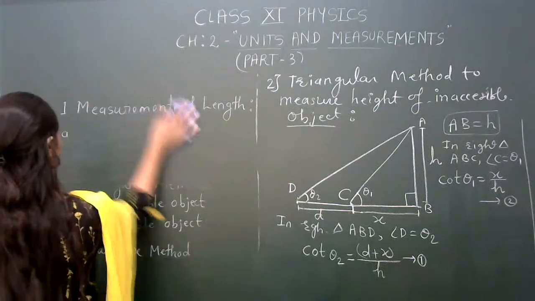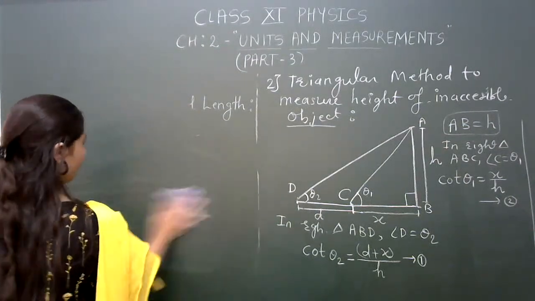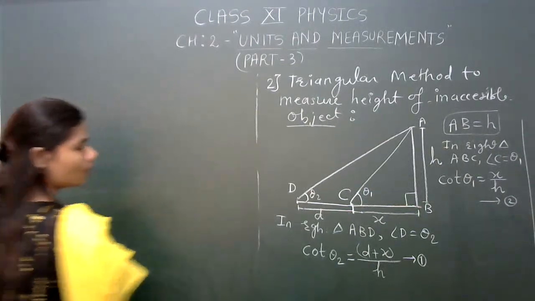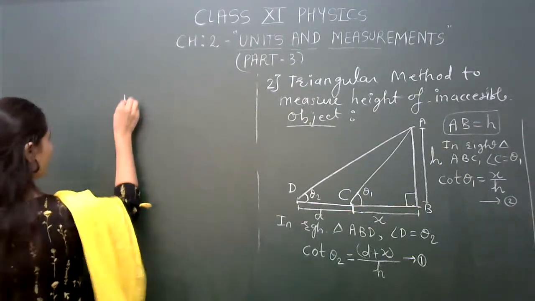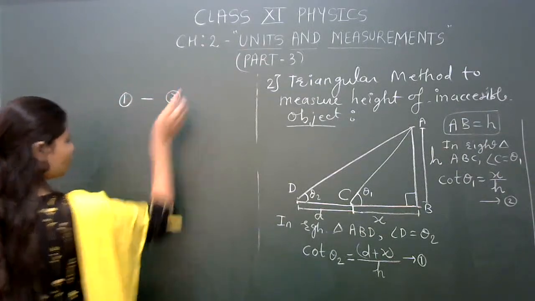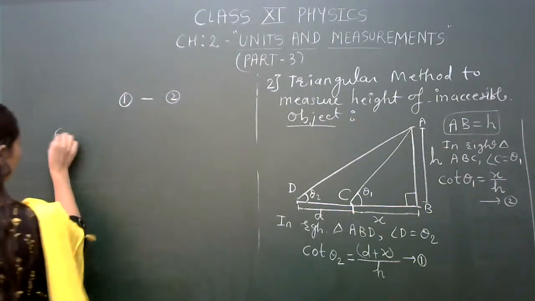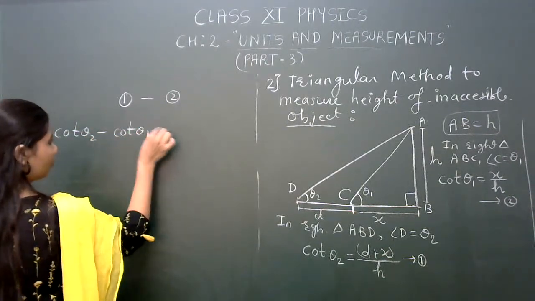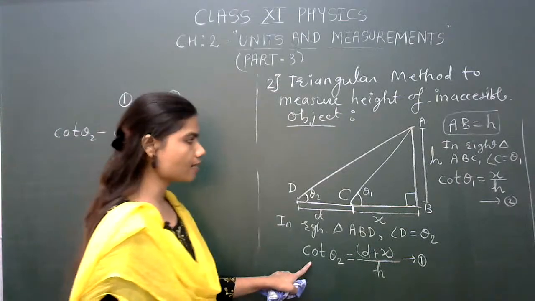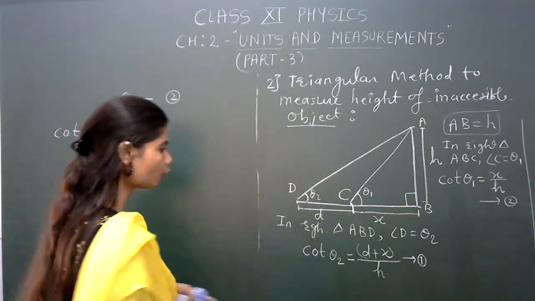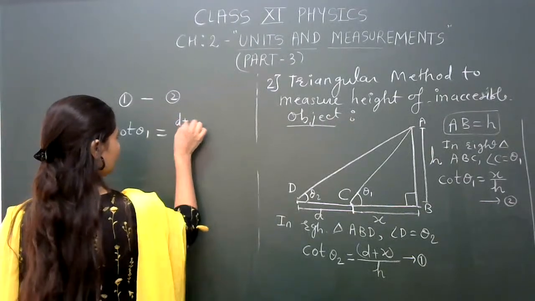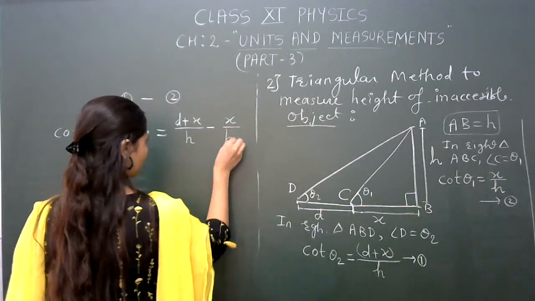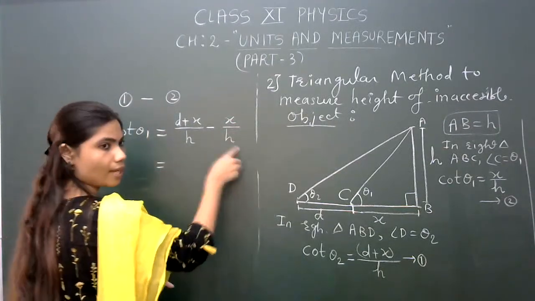Now we will subtract equation 2 from equation 1. If equation 2 is subtracted from equation 1, what will we get? Cot of theta 2 minus cot of theta 1. If the left hand side is subtracted, the right hand side, meaning d plus x divided by h, must be subtracted from x by h, as the denominator is common.